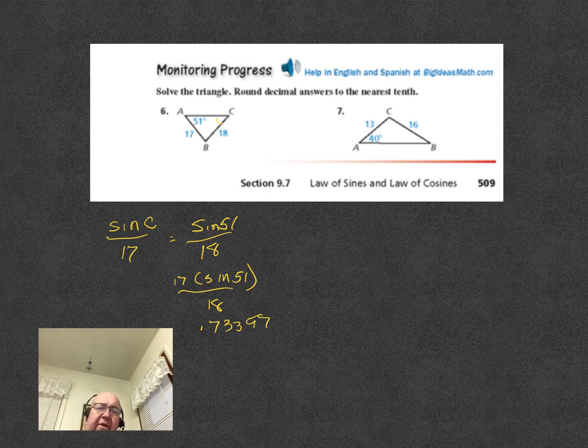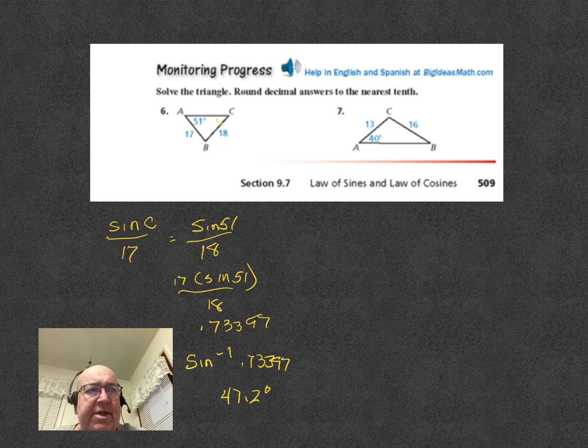So we want to find the inverse sine to find the measure of angle C. If your calculator has a sine -1 or inverse sine, you'll use that and put in the 0.73397, and we're going to get that angle C is 47.2 degrees.